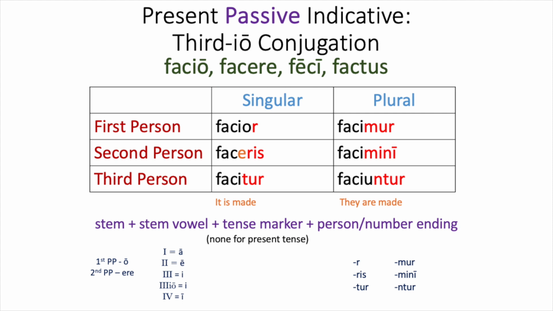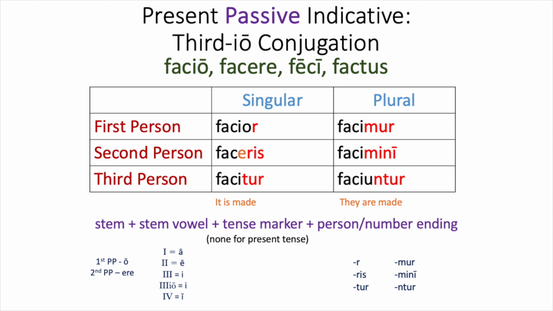If we look at our third-io, remember the only difference between the third-io and third conjugation verbs is that the first principal part has an -io in it, and the second principal part still has the short -ere. So it's a subgroup of third conjugation verbs that are just slightly different. And that slight difference is that in the first person singular, there is still the I before the O and the R for first person singular present passive indicative.